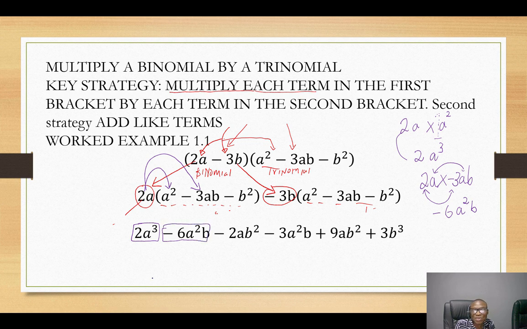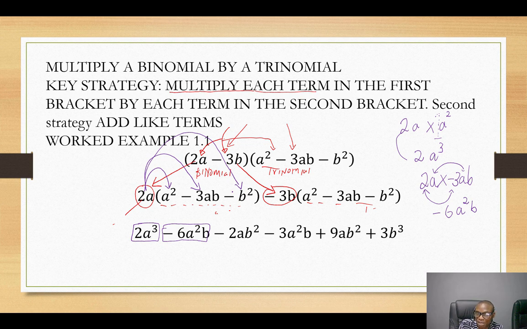We continue with the same idea. The number outside the bracket should multiply every term inside the bracket. Distributive law. So now we're going to say 2a times negative b squared. What is 2a times negative b squared? 2a, which is positive, is being multiplied with negative b squared.